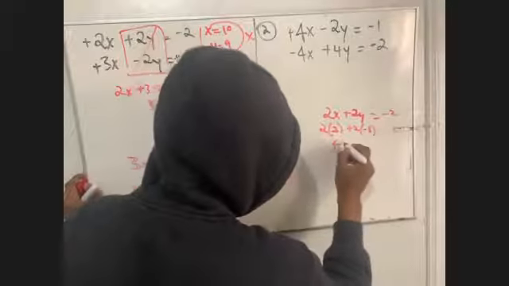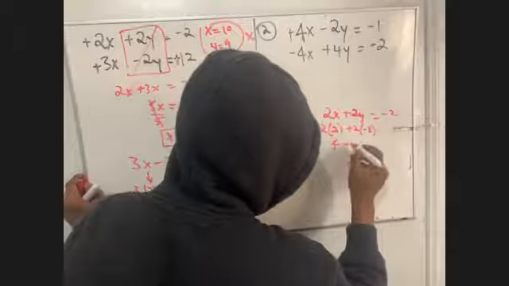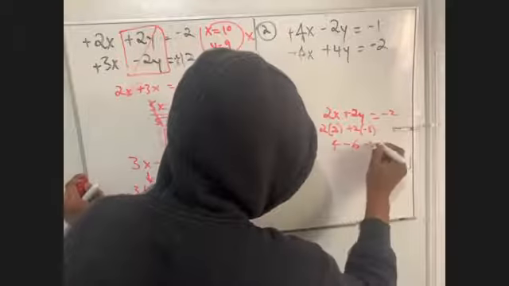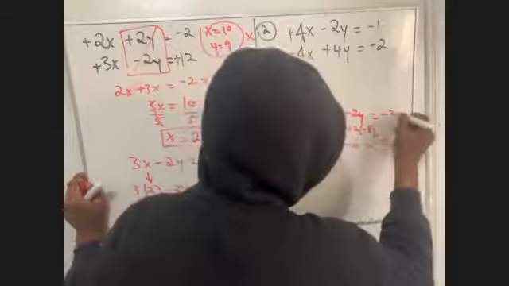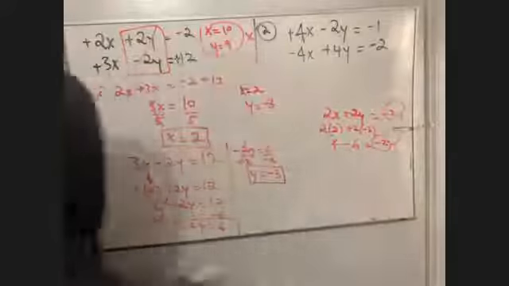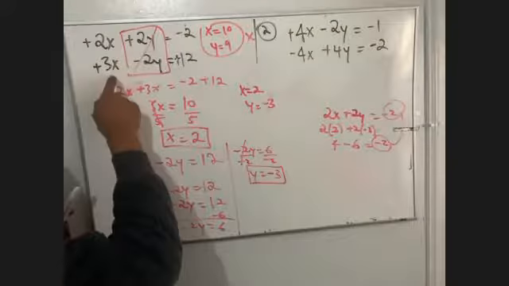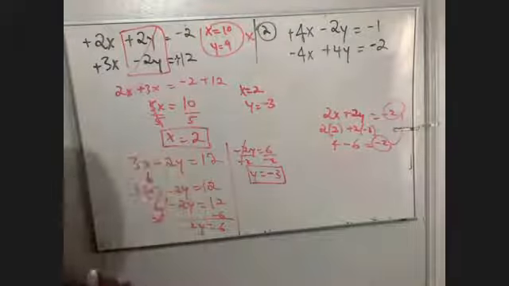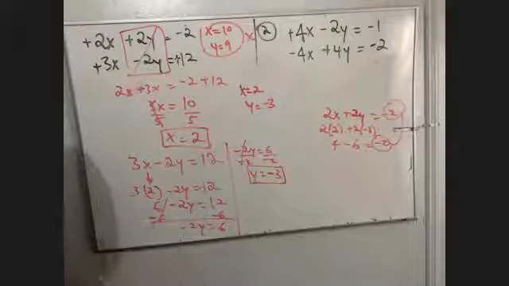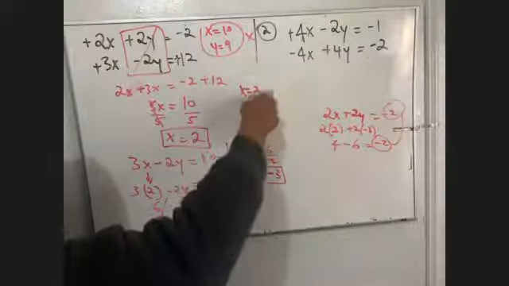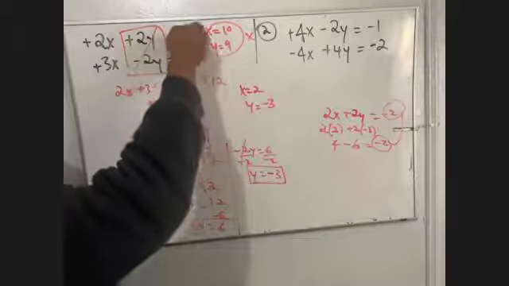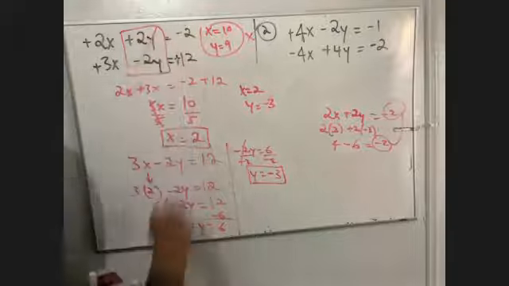2 times 2 is 4. 2 times -3 is -6. 4 minus 6 is -2. So you see, it's the same answer, -2. Once you do the same thing with the other equation, you're going to get 12. So whenever you finish, plug them in and see whether you get the answer.